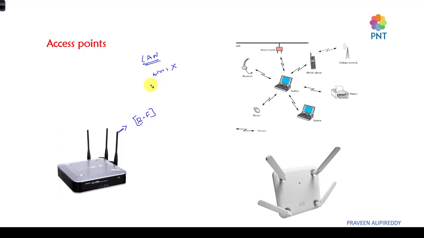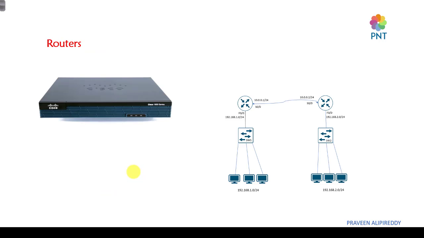With the help of these wireless access points, without connecting a wire, we can connect our mobile phones, laptops and desktops within the range of these radio frequency signals. That's why we use wireless access point devices to build a local area network.